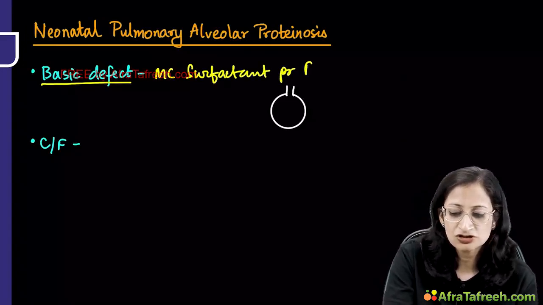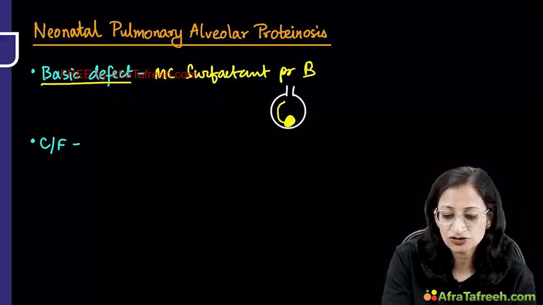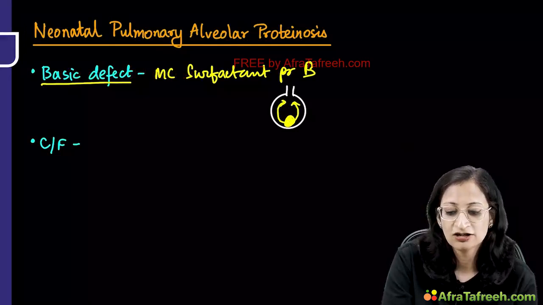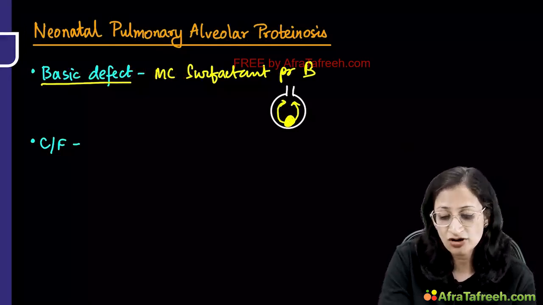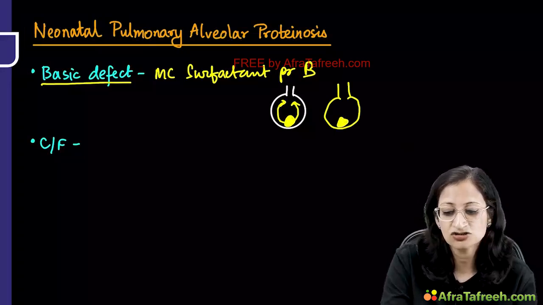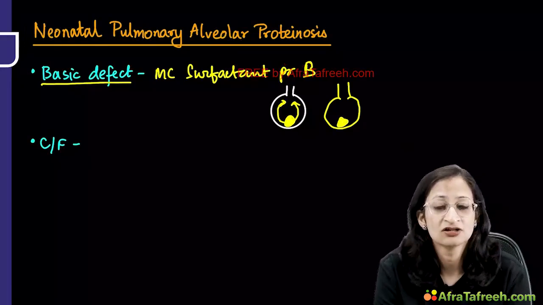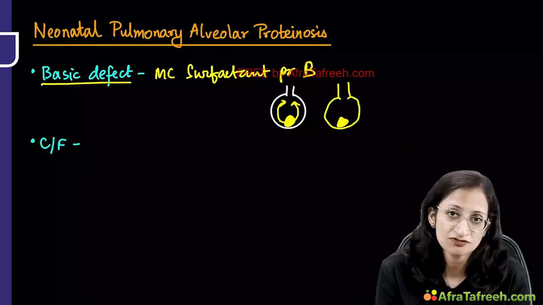So what is the function of surfactant protein B? It helps in forming a thin layer of surfactant on the inner surface of alveoli. If surfactant protein B is not there, then even though the alveoli have the surfactant, this surfactant is not able to form a thin layer on the inner surface, so it will not be able to act. So it is as good as not having surfactant.